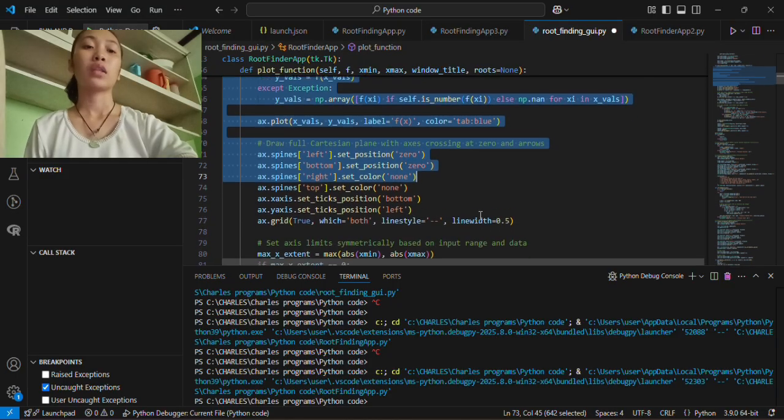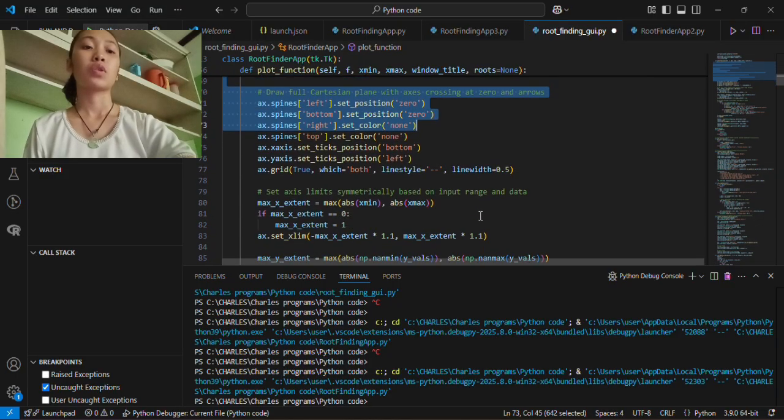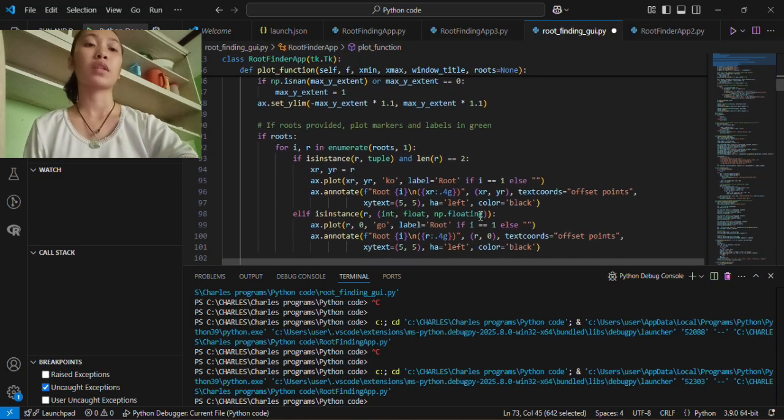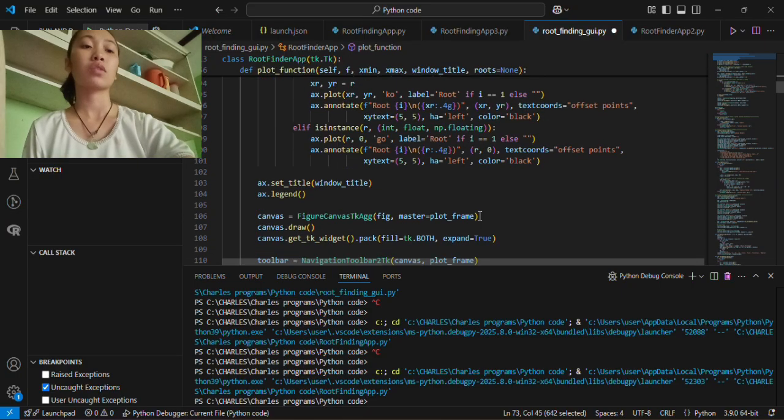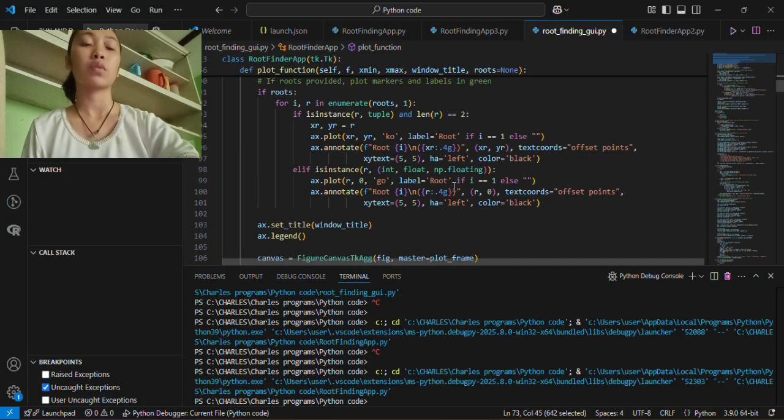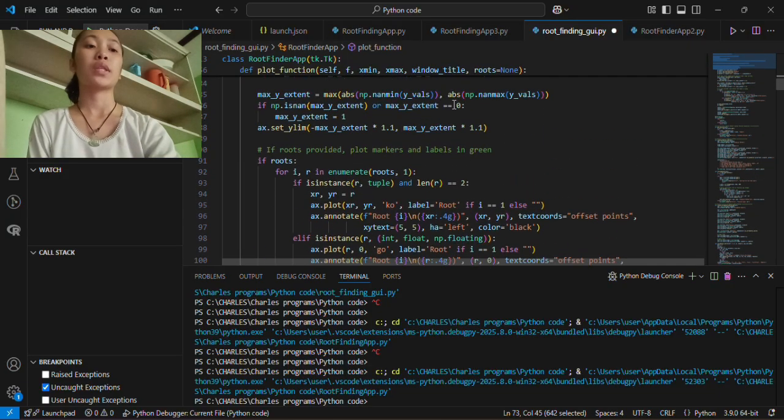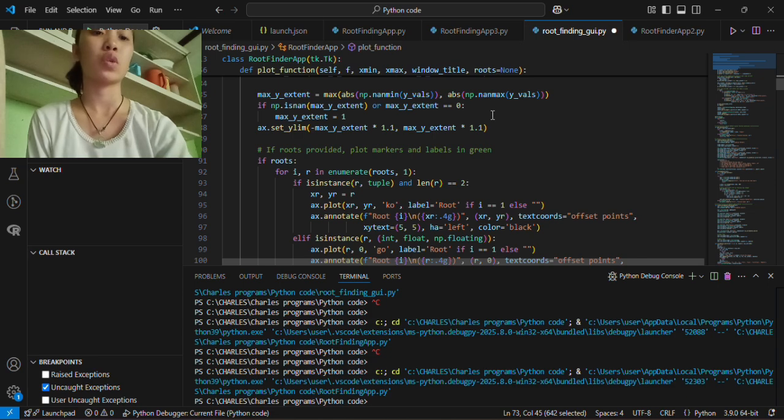The plt.plot is the code that plots the function f of x with x on the horizontal axis and f of x on vertical. The axhline is a code that draws a horizontal line at y equals 0 to represent the x-axis visually.